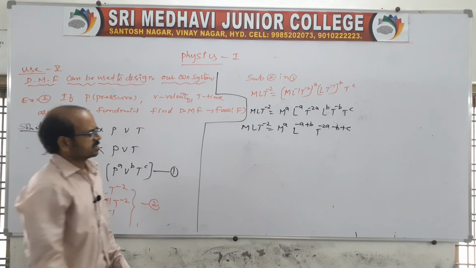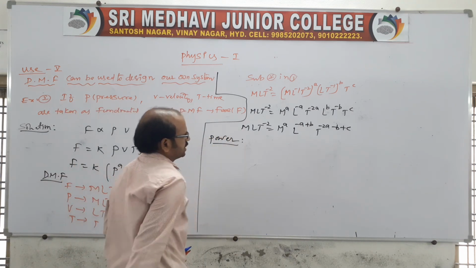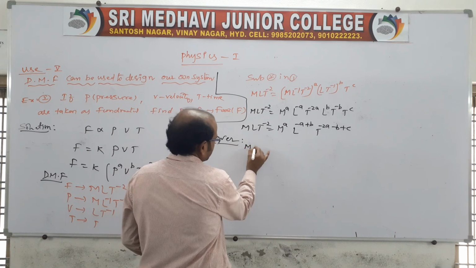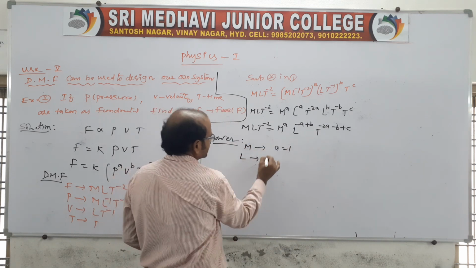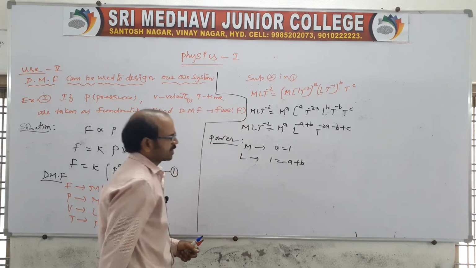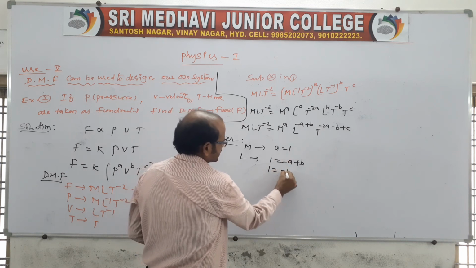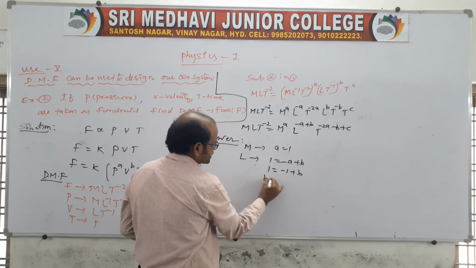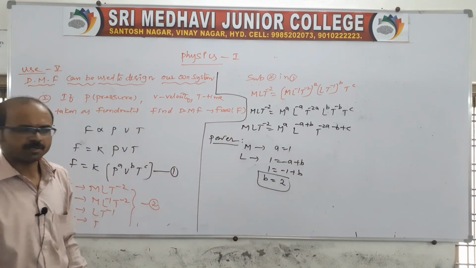Now you compare the powers. For M, A is equal to 1. For L, 1 is equal to minus A plus B. Substituting the A value, 1 equals minus 1 plus B, so B is equal to 2, because minus 1 goes to this side and becomes plus.